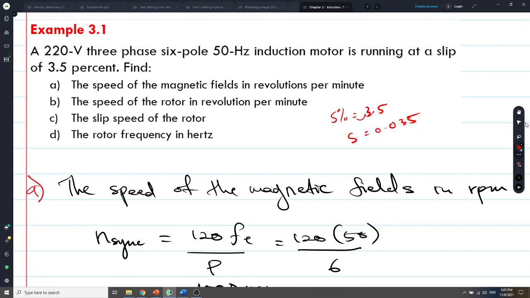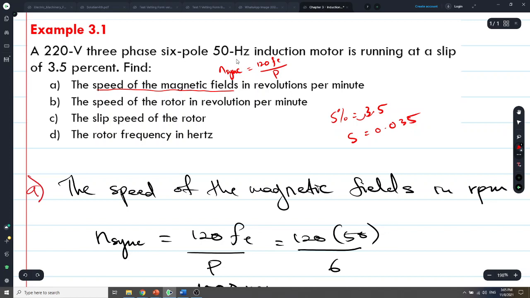Okay, so find the speed of the magnetic field, in revolutions per minute. So speed of the magnetic field is the NSync. So NSync is equal to 120 FE divided by the number of poles.